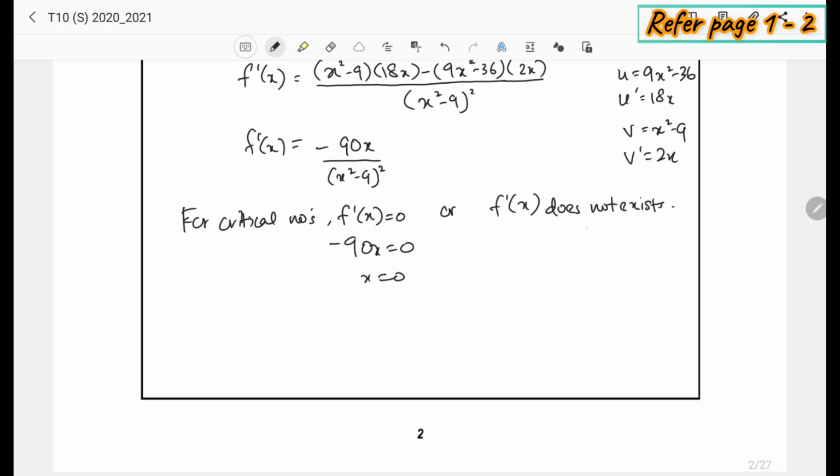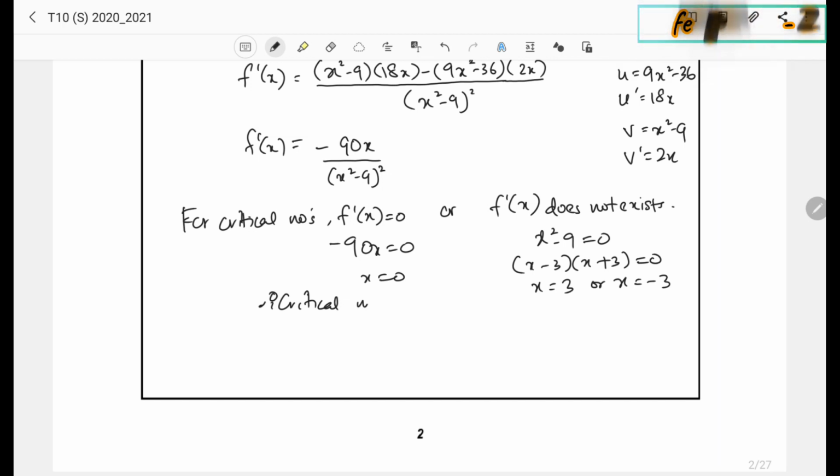When f prime x does not exist, that's when x squared minus 9 is 0. So factorize: (x minus 3)(x plus 3). So x equal to 3 or x equal to negative 3. So hence, critical numbers are 0, 3, negative 3.